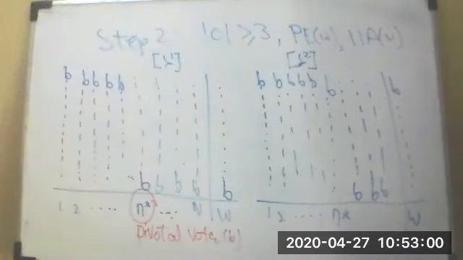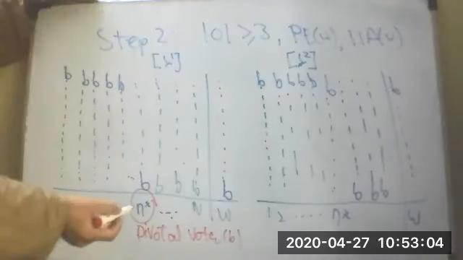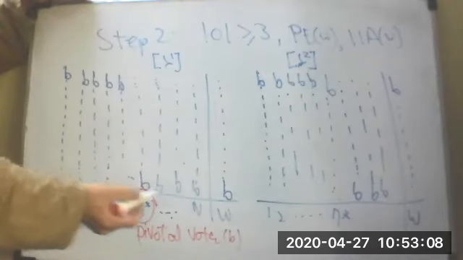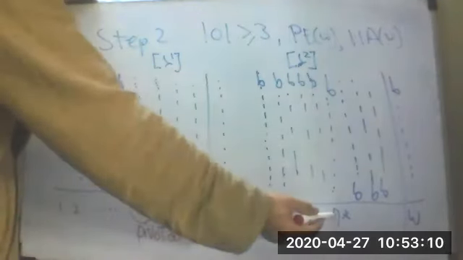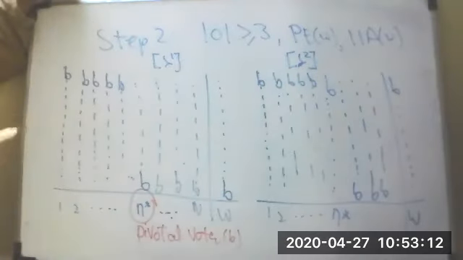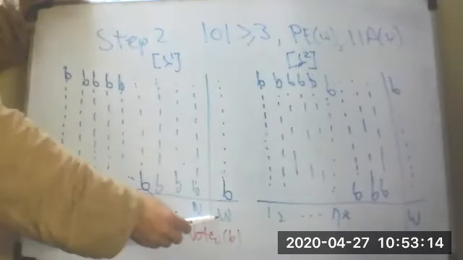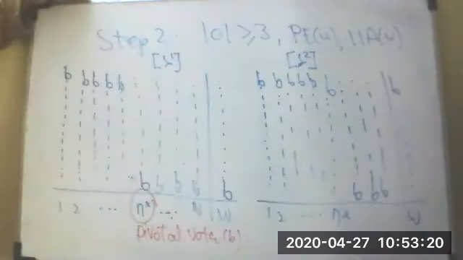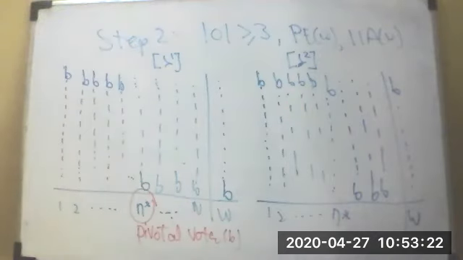So what's the difference between these two? The only difference is that in the first one, n star ranks B at the bottom, and in the second one, n star ranks B at the very top. The result is that in the first profile, the social welfare function ranks B at the bottom, and in the second one, it ranks B at the very top.